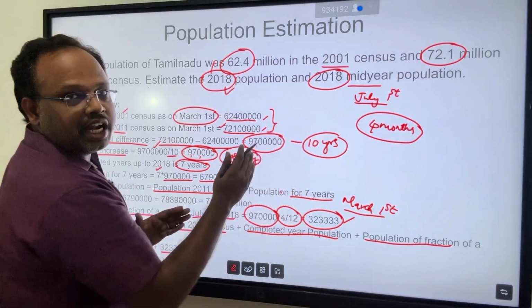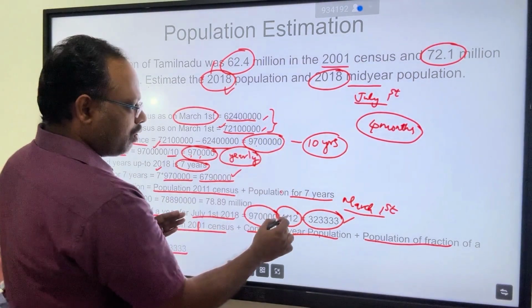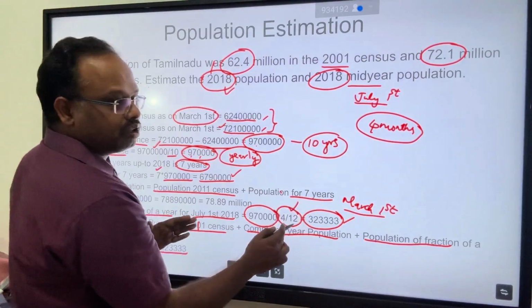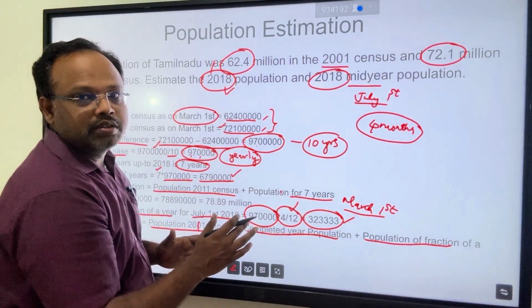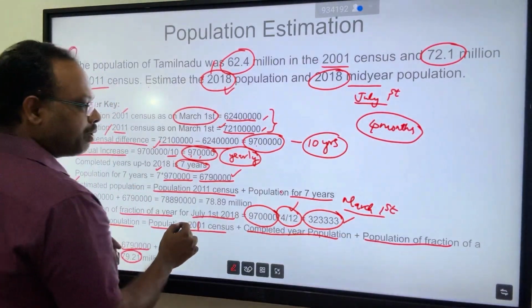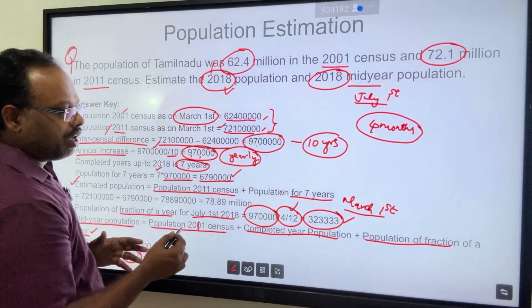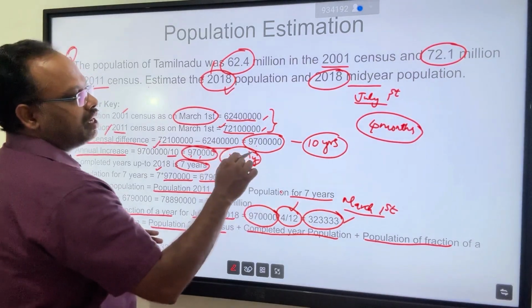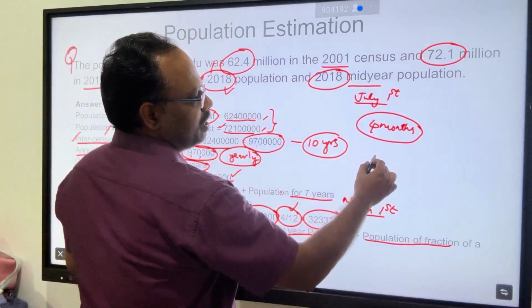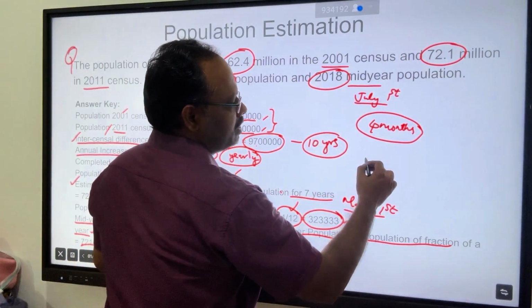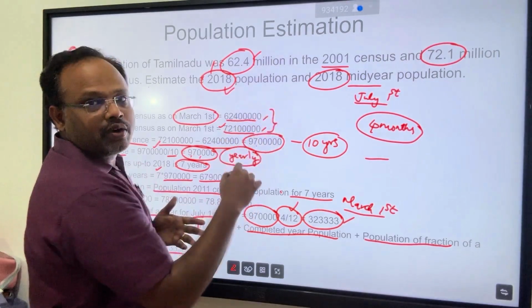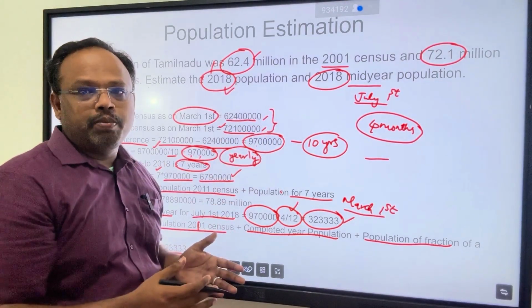Then if there is any difference in months, we can calculate the fractional population growth for that particular month. Based on that, we can calculate the population at a particular month of the year, and so the current expected population.